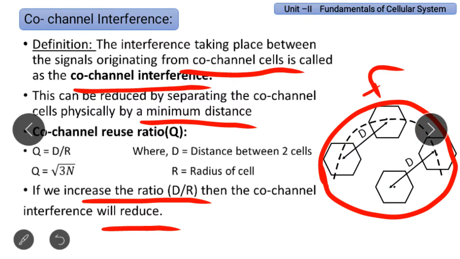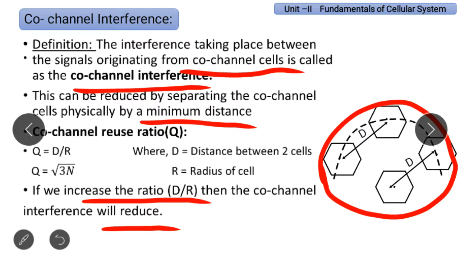It has the distance D, and the radius of the cell is R. If we increase the D by R ratio, then automatically the co-channel interference will decrease. This co-channel interference has some effect at different points. Let us see that.